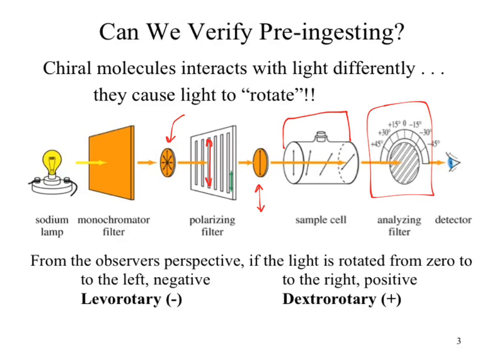If we looked at L-glucose, it's rotating it to the left. Okay? We could also, instead of referring to those as D and L, we could refer to them as positive and negative. Yes? Would it ever happen if the light was passing through, it starts rotating to the right, and then it goes back to the left, and then the correction? Yes, we'll talk about that in a little bit, though.